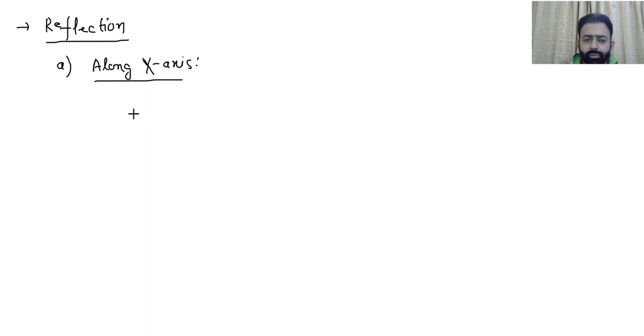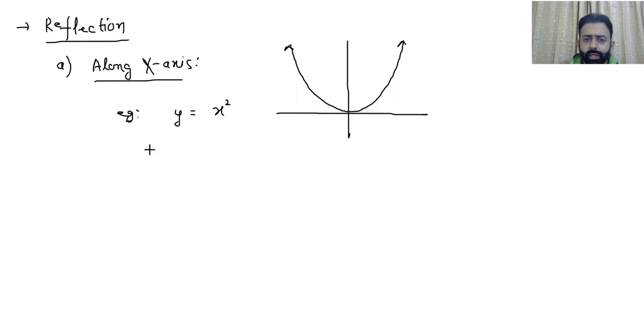So if you draw the graph of, for example, y equal to x square, and if I multiply, let g(x) be equal to minus of f(x), meaning minus x square, meaning you have multiplied the given function by a negative sign. So whatever are the values of y corresponding to each input, all those values will become negative.